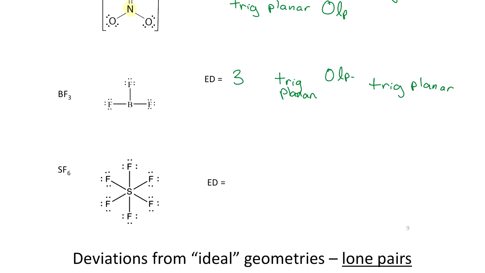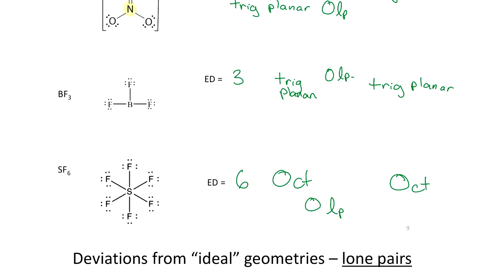All right, last one. SF6, how many electron domains? 6. What do we call that? Octahedral. So that's the last one with 6 electron domains. Since there's 0 lone pairs, our molecular geometry is also octahedral. Every single electron domain is a bonding domain. We have a chemical bond in each of those, right?